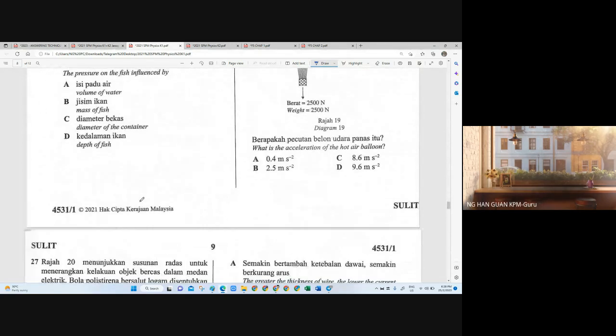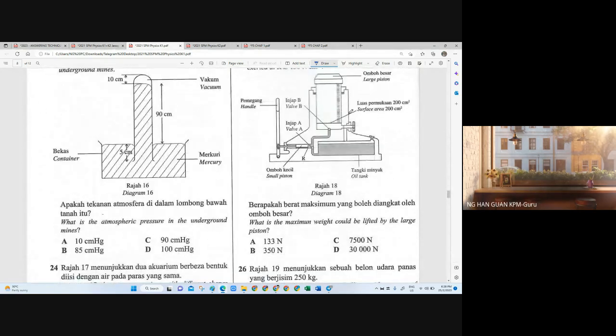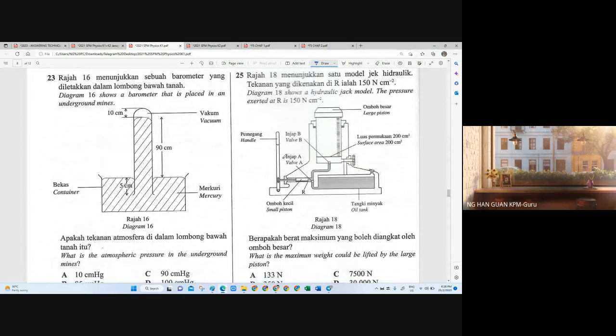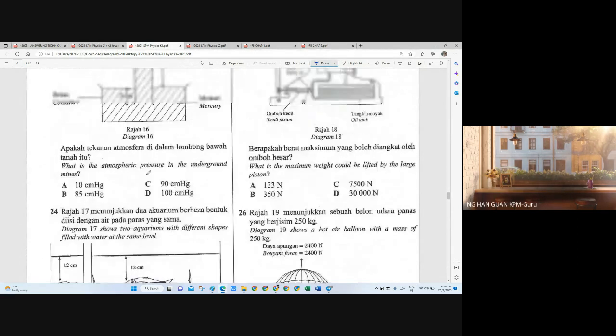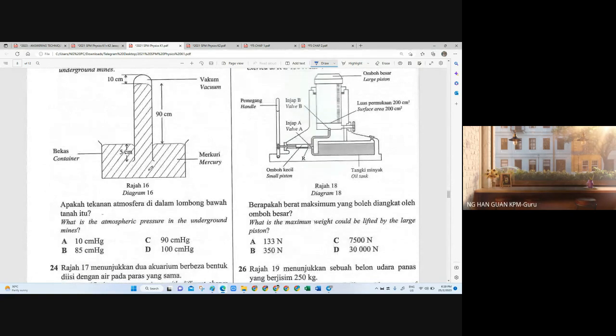Then there are applications of the Pascal principle: due to the piston, how it works, the hydraulic jack. So for instruments, there's no manometer, it only has a barometer.